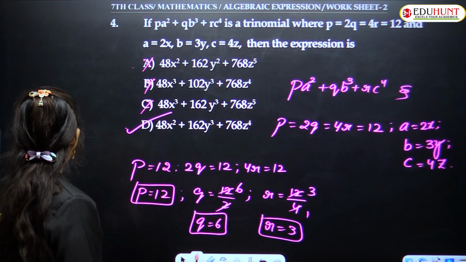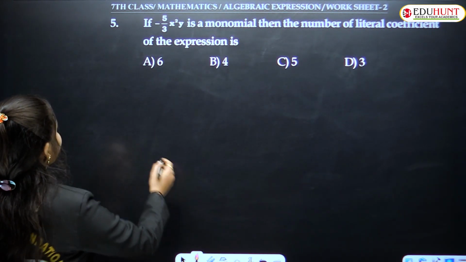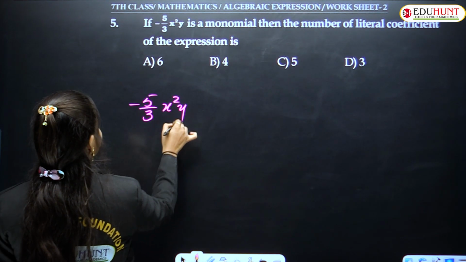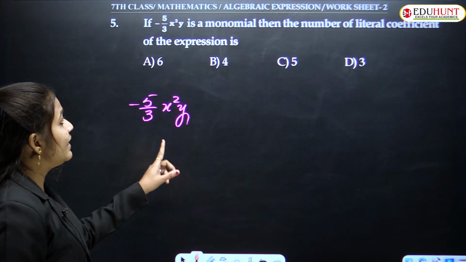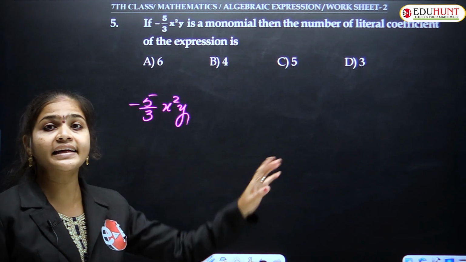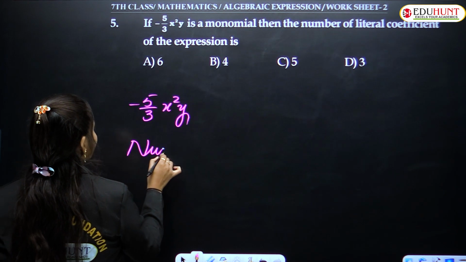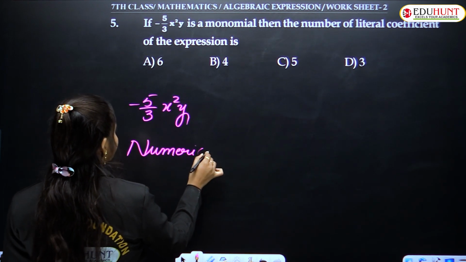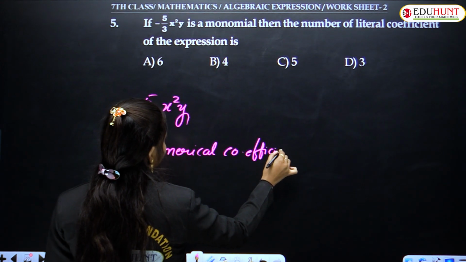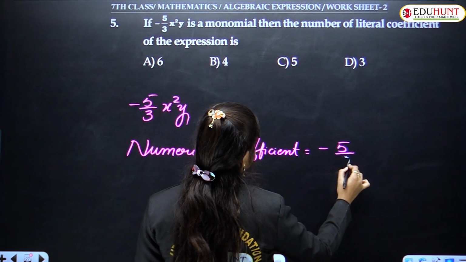Okay, yes. Next, see that fifth one. What is that? If minus 5 by 3 x square y is a monomial, then the number of literal coefficients of the expression, as per this one, numerical coefficient is minus 5 by 3.